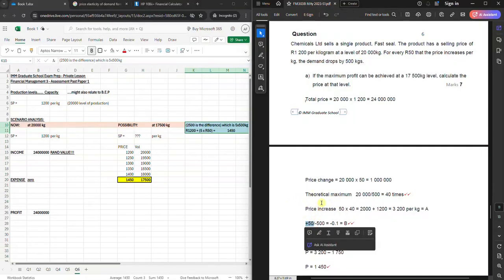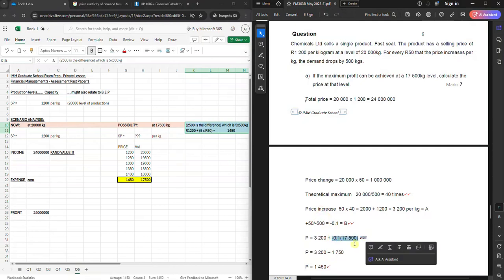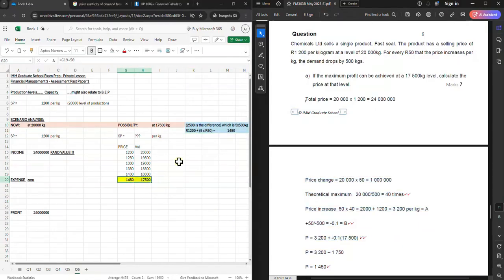It's almost like elasticity. Change in price over change in quantity, giving us a PED of negative 0.1, and then they did a price equation of P equals A plus BX. Very, very long method to get something so simple.